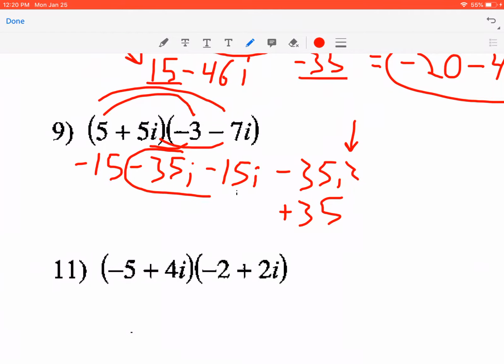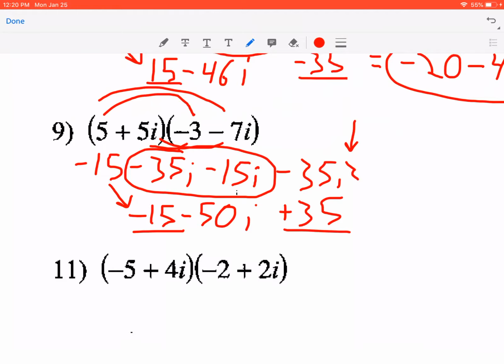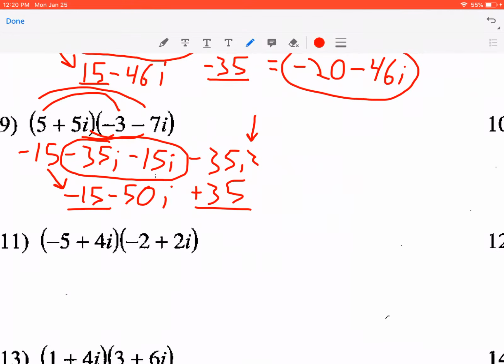These two go together. So negative 15i and a negative 35i should be minus 50i. Don't forget the minus 15. So, real number, 35 minus 15, isn't that 20? Minus 50i. It's the best you can do. Okay?